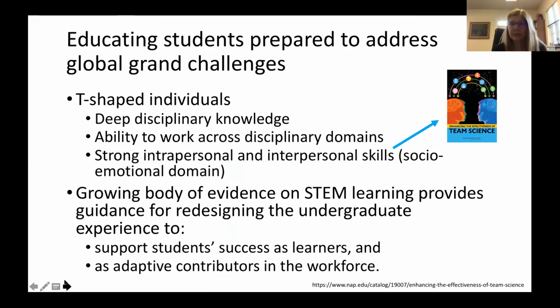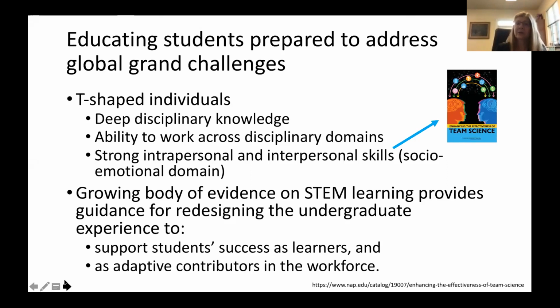And if we want our students to prepare to do this, we need to think about STEM education quite holistically, right? So one of the challenges is to build these T-shaped individuals where you have very deep disciplinary knowledge, right? I'm trained as a biologist, but I work with folks in all different kinds of disciplinary domains.